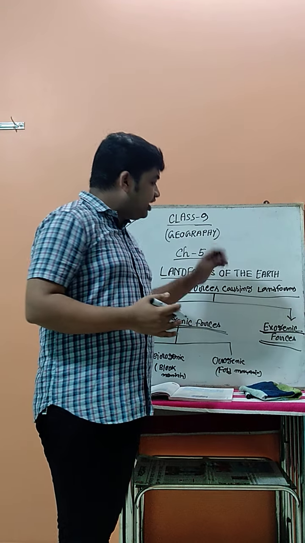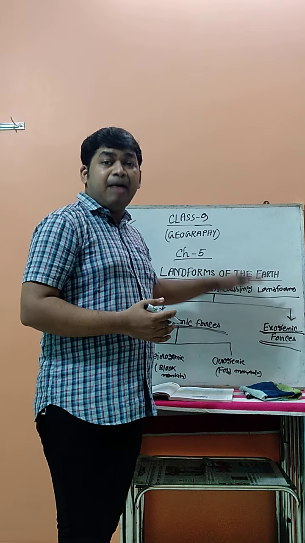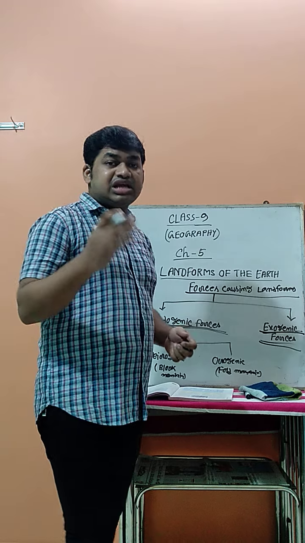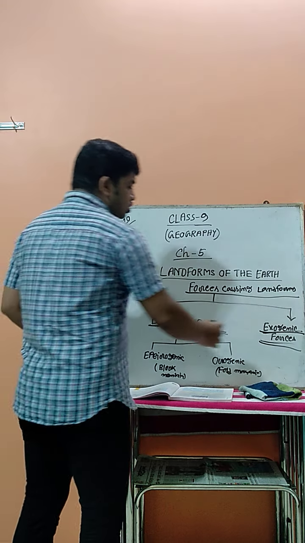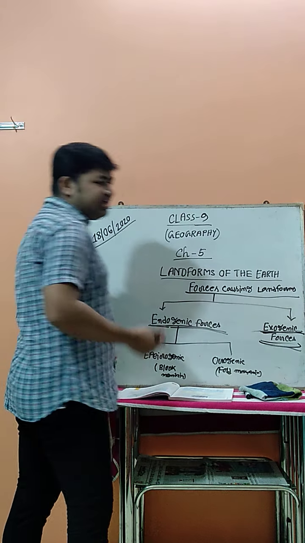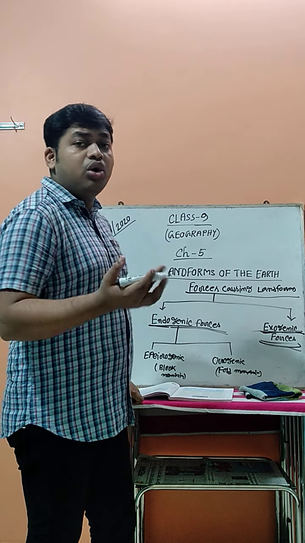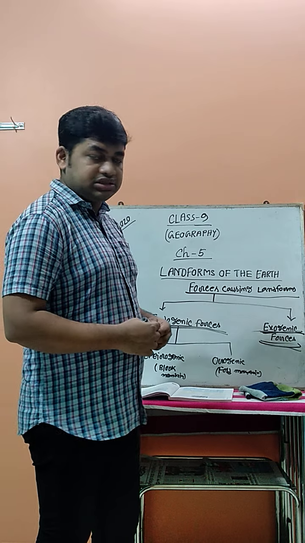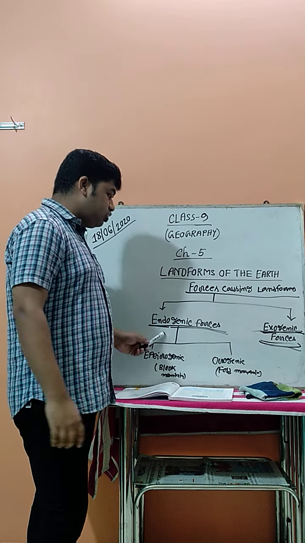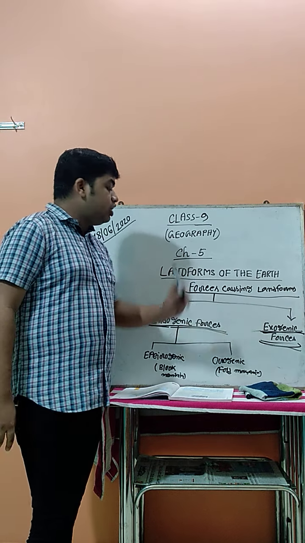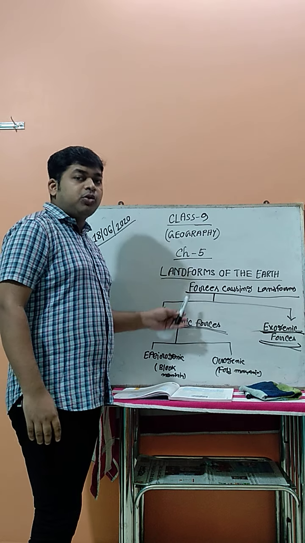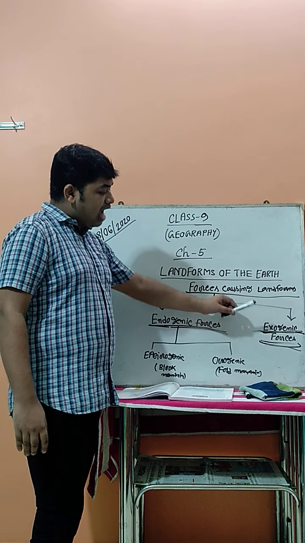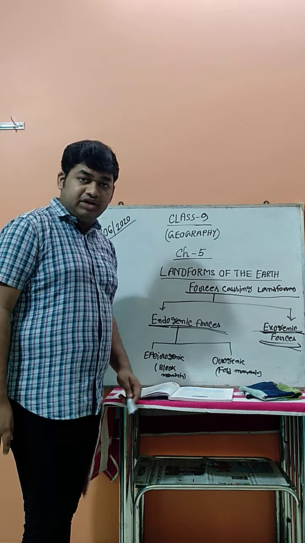Examples are river erosion, wind erosion, and glacier erosion. So the force that takes place inside the earth is endogenic, and the force that occurs outside the earth's surface is exogenic.